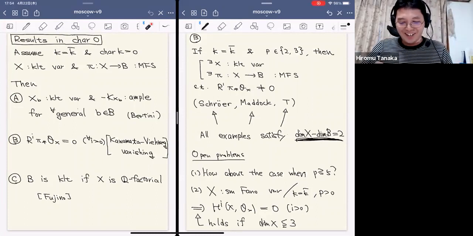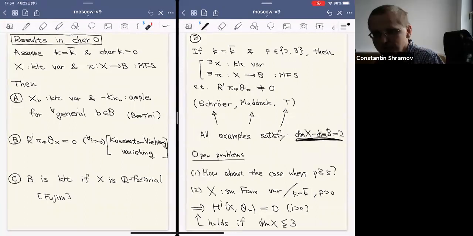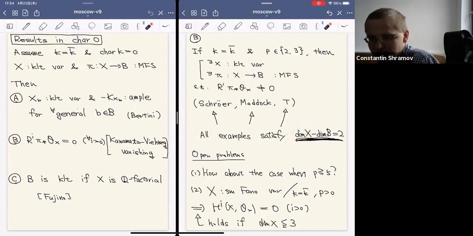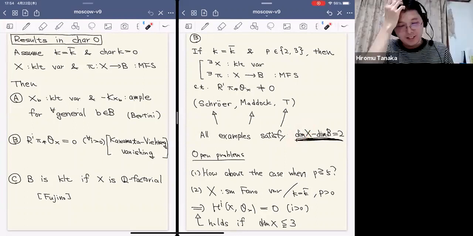I'm really sorry, I do not understand the question. Just the short form of the question: what do we know for surfaces concerning property B? So surface means dimension of X is 2. I see.